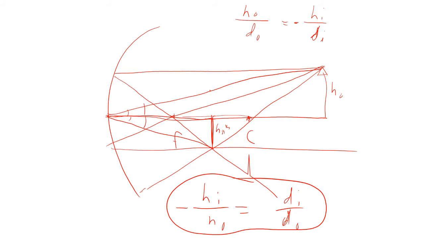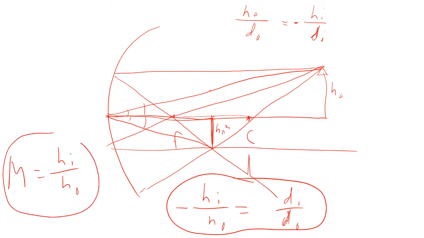Now, negative HI over HO, this is our magnification right here. Magnification is HI over HO. Well, since it's negative, this is negative magnification.